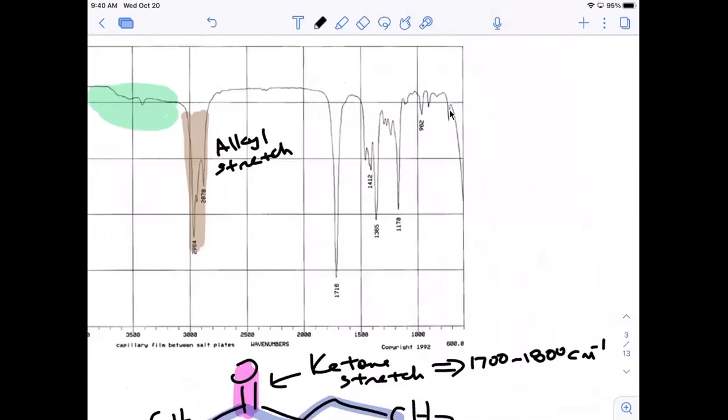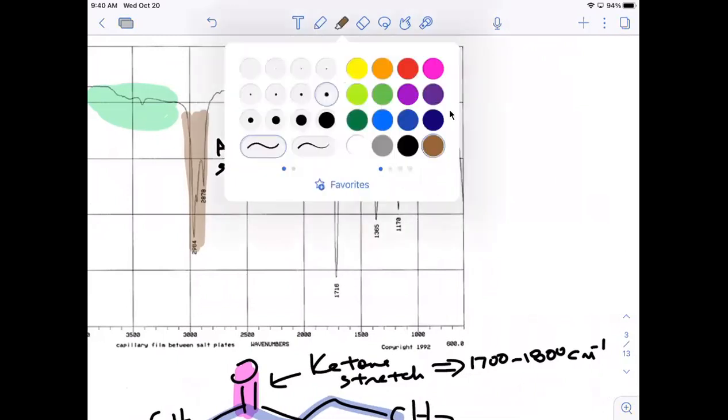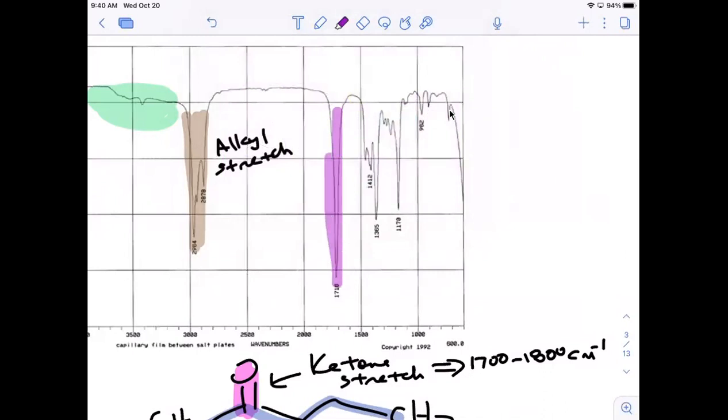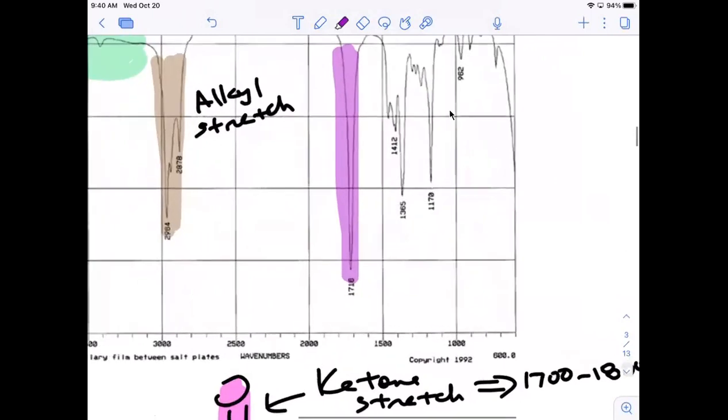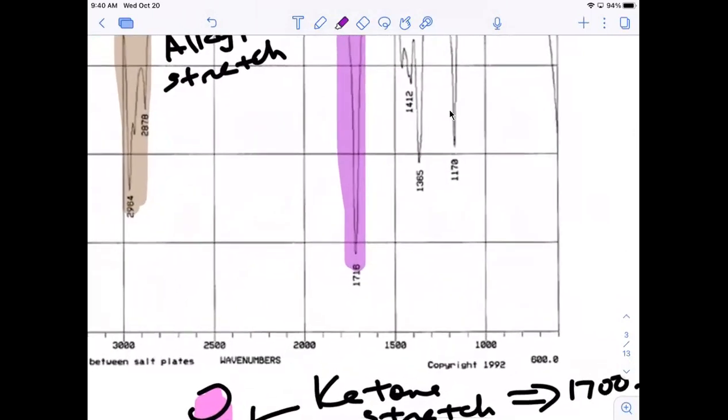You see it's 2878 and then 2984. And then the ketone stretch is going to be down here. That's my ketone.